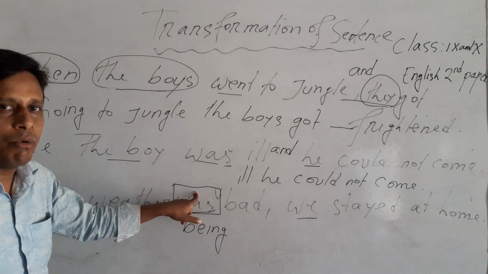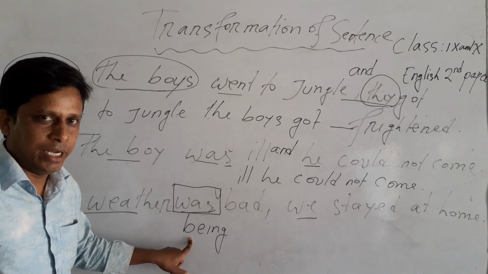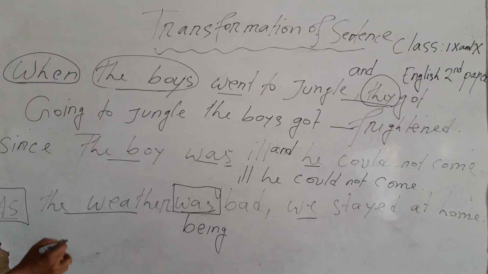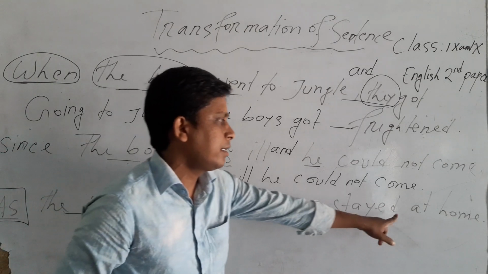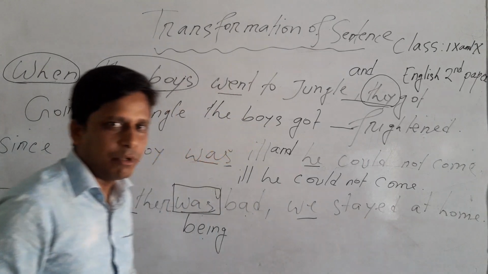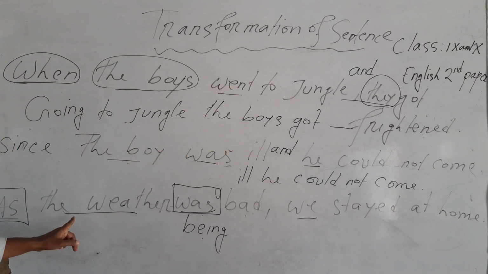If there was have, has, had, I wrote having. Then what can we write? The weather being bad, we stayed at home. This is a simple sentence, very easy. So, have you got the point?